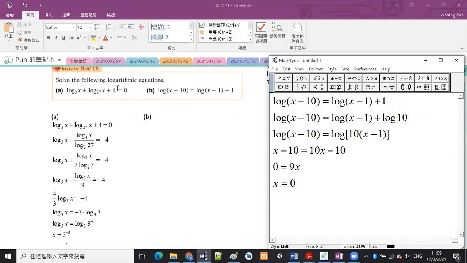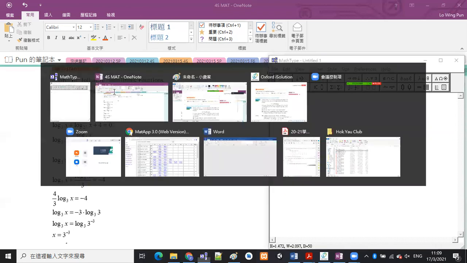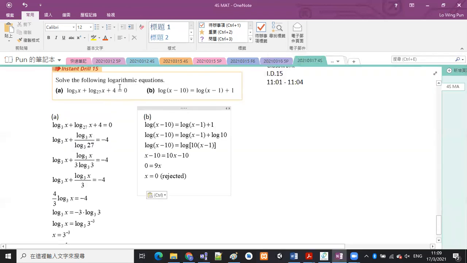Log negative 10 will be math error. So it cannot be the solution. Therefore, this answer should be rejected. Okay? And the only possible answer is rejected. Therefore, our conclusion is that there is no real solution.